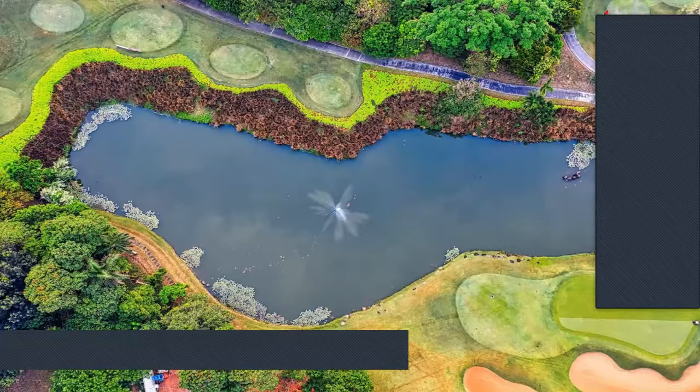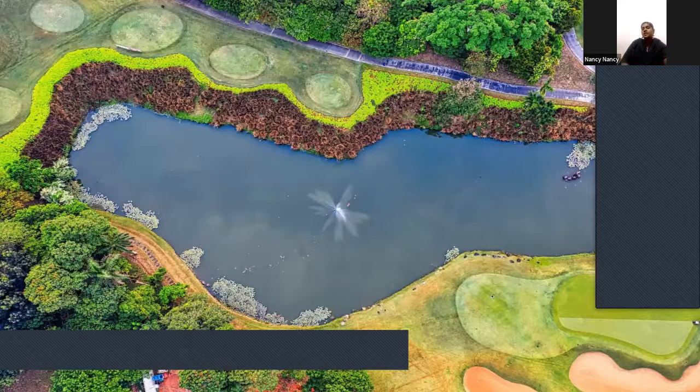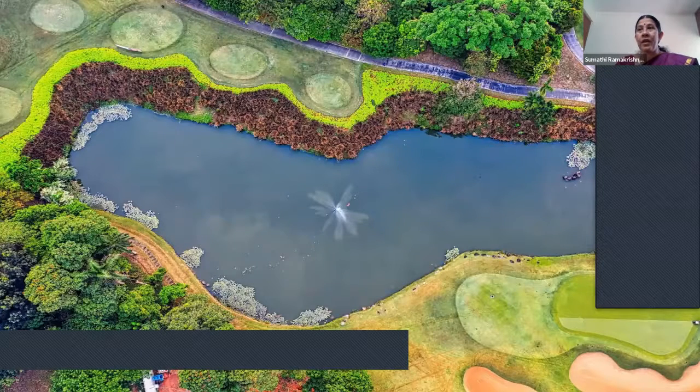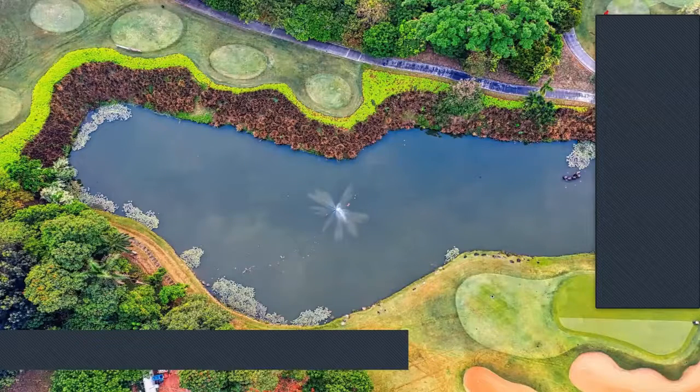River flows. A river flows and a pond stays in one place. Yes, a river is a moving water body, whereas a pond stays in one place. And what else do you see around a pond? Vegetation. Yes.